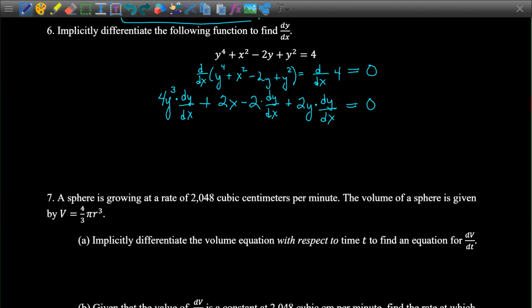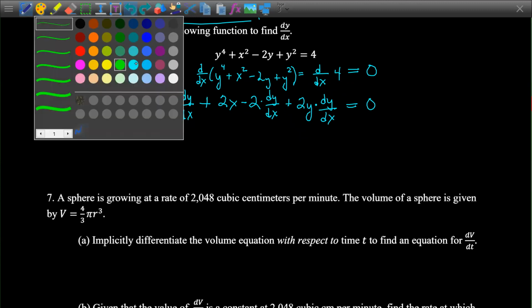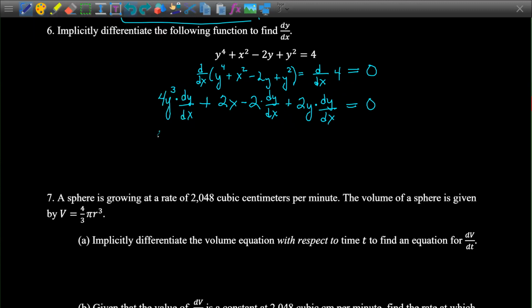So now we have terms here with dy dx in them, and another that doesn't have it. Basically, we're just solving for dy dx. So we're going to keep the ones with dy dx in them on one side, and we'll move the plus 2x to the other side and then factor out dy dx.